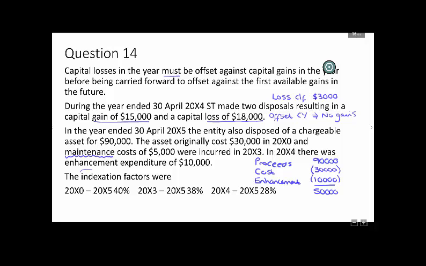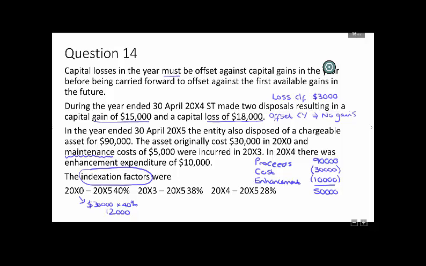think about the effect of indexation allowances using the indexation factors. So in this case, in 2003, this is when we've spent $30,000, and so our indexation on that would be at this given rate of 40%, giving us indexation to deduct of 12,000.